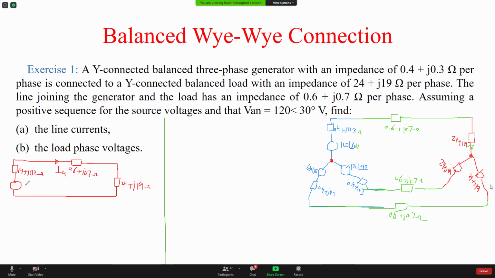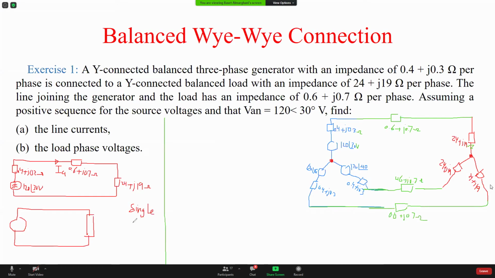And here it is 120 angle 30 volt, an AC source. Now this circuit here, I can simplify it, add all the impedances together. They're going to be one impedance. Combine all of them, they give me one impedance and one source. This is called, by the way, the single phase equivalent circuit, okay? So I'm doing the single phase equivalent circuit.